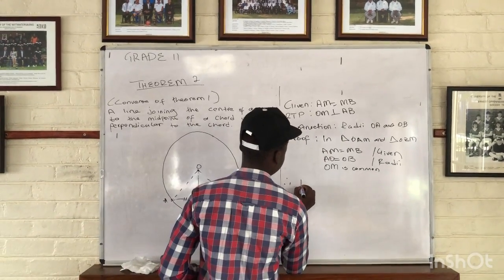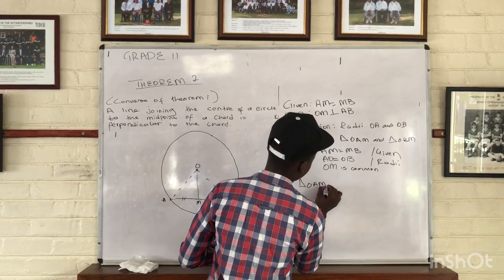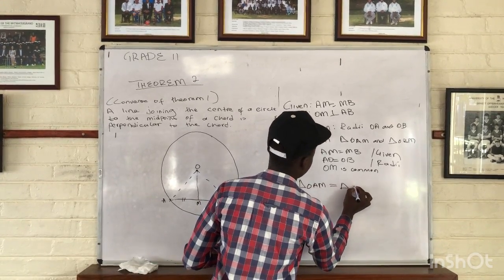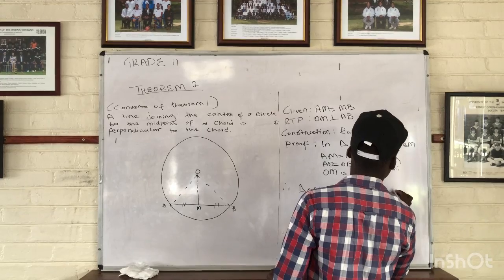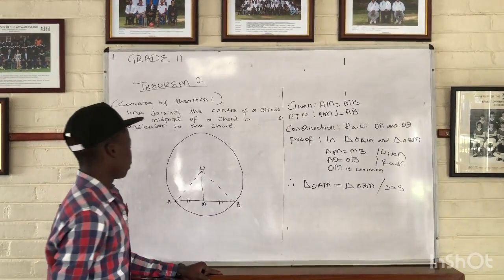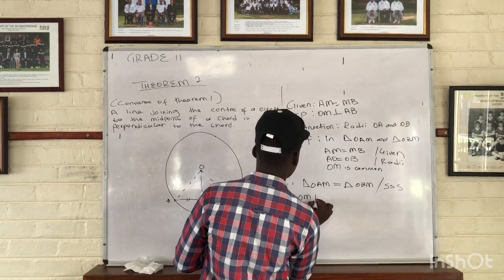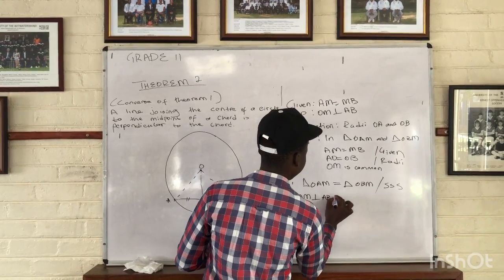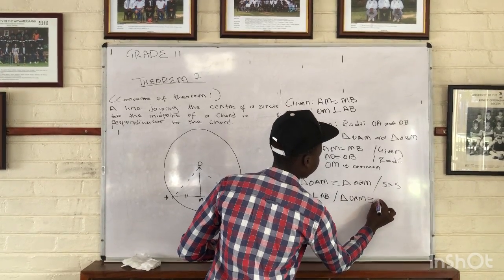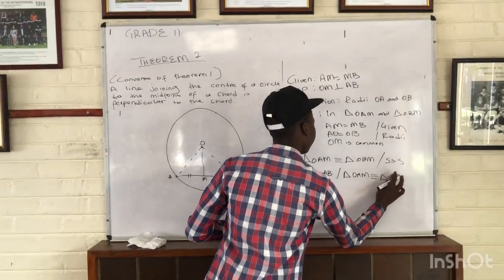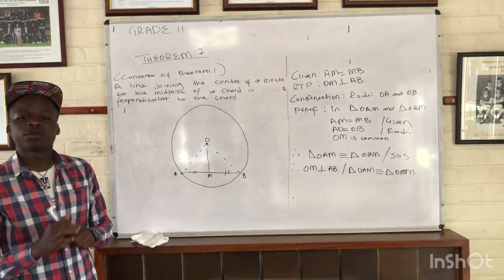Therefore, triangle OAM is congruent to triangle OBM, reason: side, side, side. And then, therefore, it means OM is perpendicular to AB. We're done with theorem number 2.